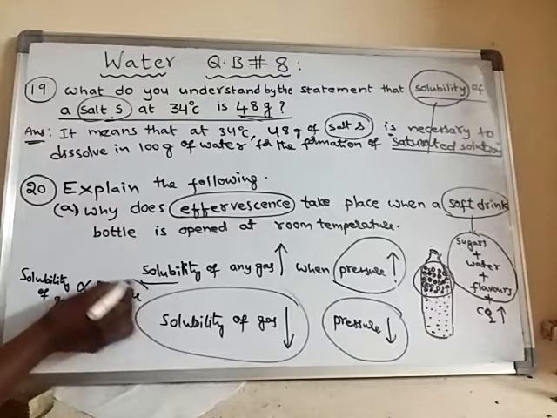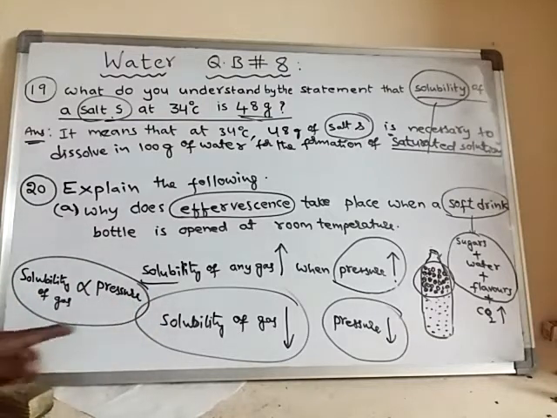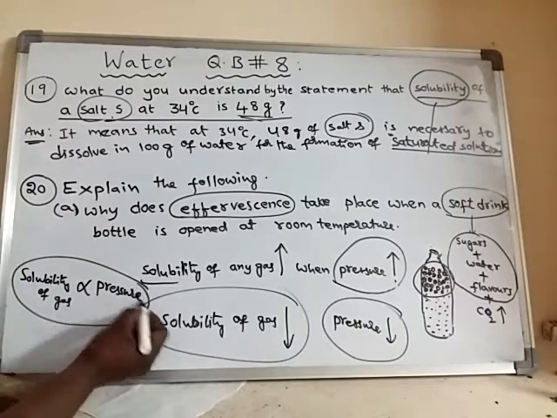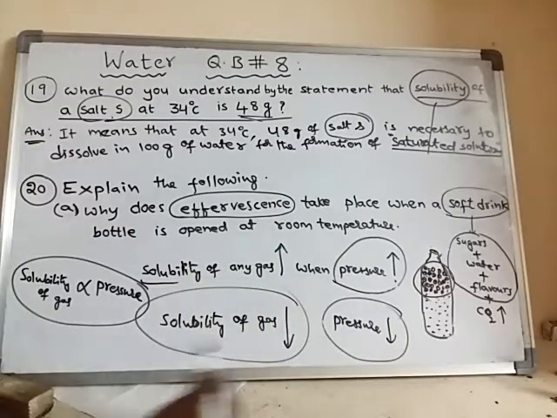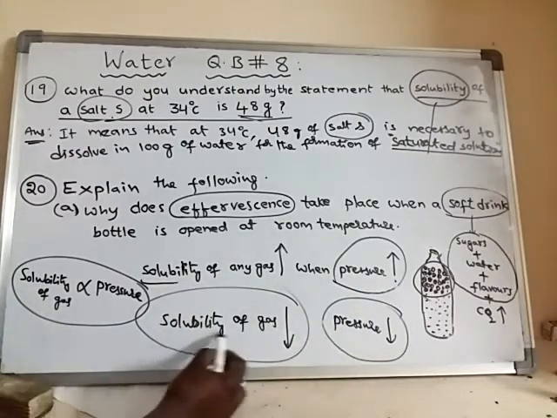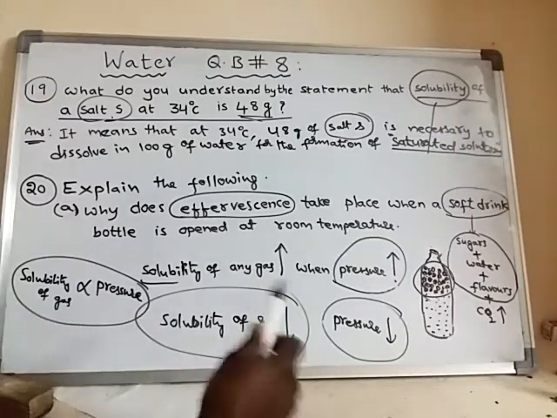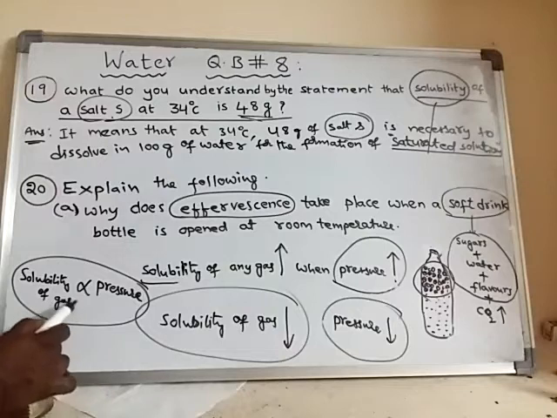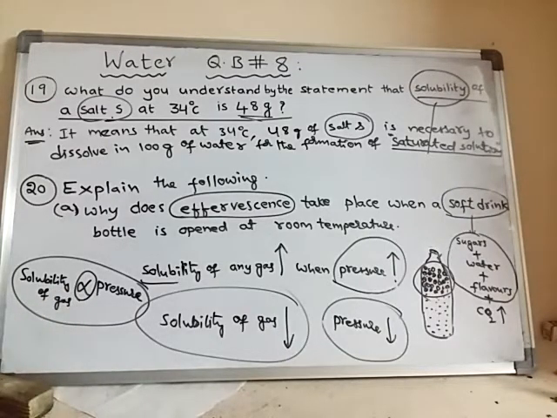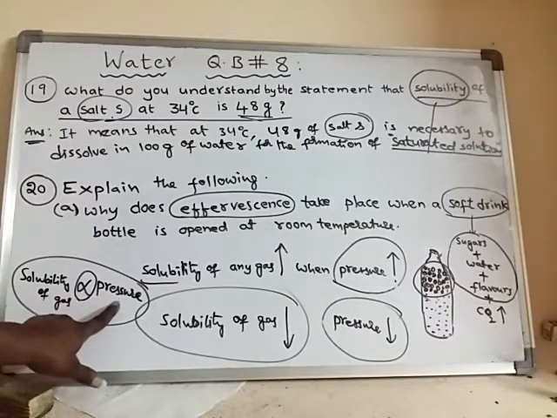If pressure is increased, solubility of gas increases. If pressure is decreased, then solubility of gas decreases. That type of relationship is said to be directly proportional. So this is the symbol for directly proportional. Solubility of gas is directly proportional to pressure.